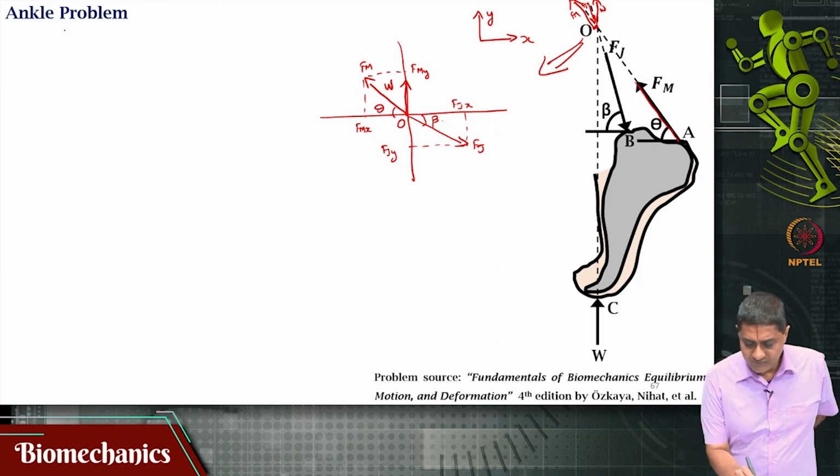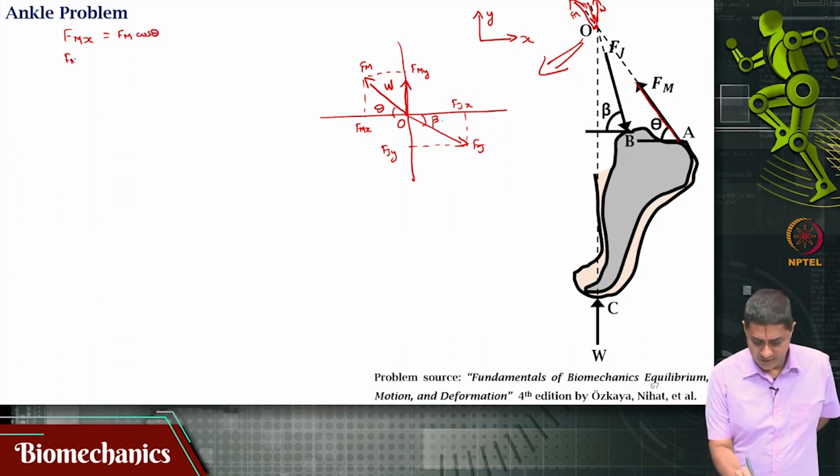Now, I can use my knowledge of resolving vectors to write Fmx as Fm cos theta and Fmy as Fm sin theta and Fjx as Fj cos beta and Fjy as Fj sin beta.